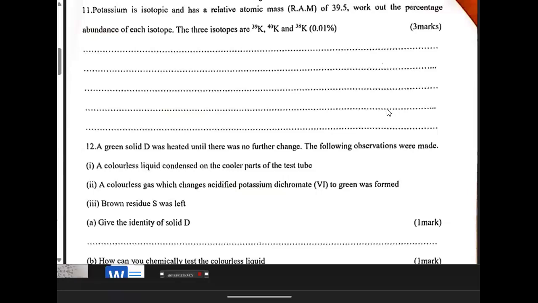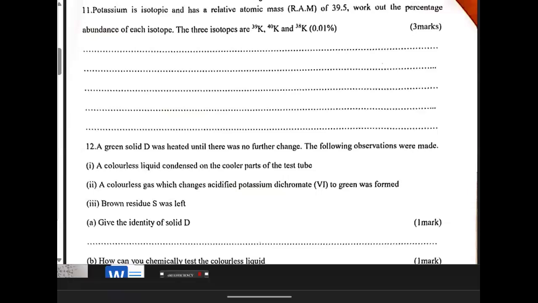And so one will be x, let us say 39 is x. Then 40 will be 99.99 minus x. So our equation will be 39 times x plus 40 times (99.99 minus x) plus 38 times 0.01, divided by 100, is equal to 39.5.